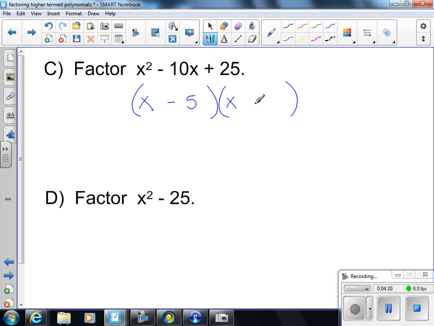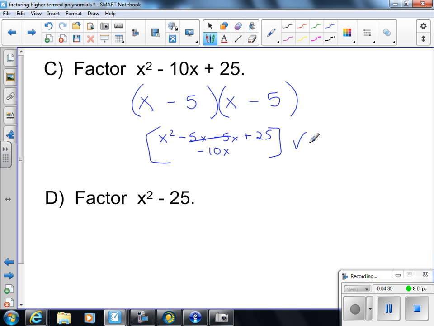A negative 5 and negative 5. Okay, let's try it. I have x squared minus 5x minus 5x plus 25. Is it going to work? Yes, it will.